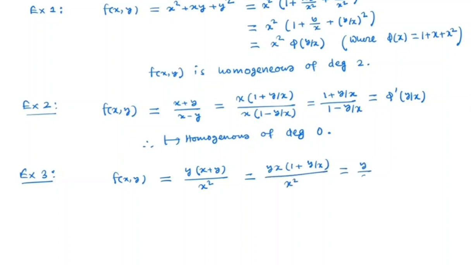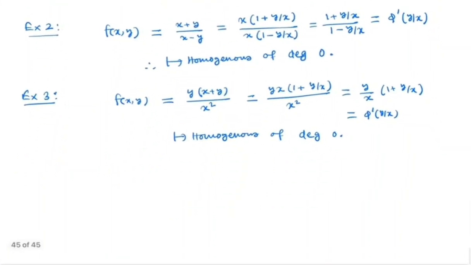So we have basically y by x times (1 plus y by x). It is clearly a function of y by x. So here also it's homogeneous of degree 0.